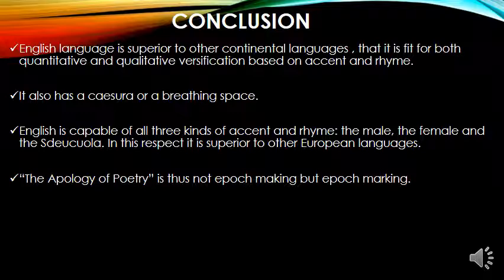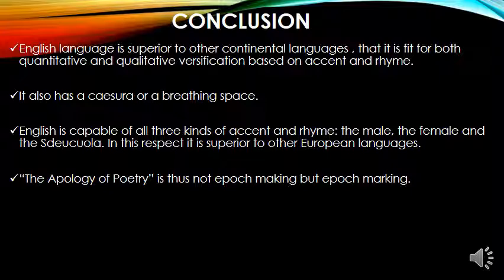So it was easier, or it was better, for people to versify in English, because the rhyme and rhythm was in such a way that people could easily bring in their versification through English. And English was also capable of three kinds of accent and rhyme. There was a male accent, a female accent, and a dactylic accent. So, in this respect, he says that the English language was much superior to other languages.